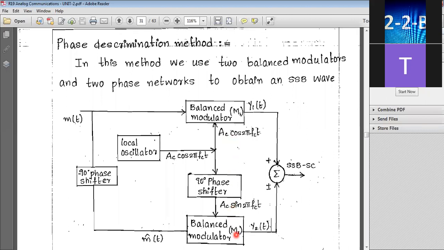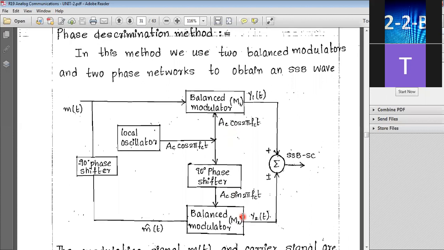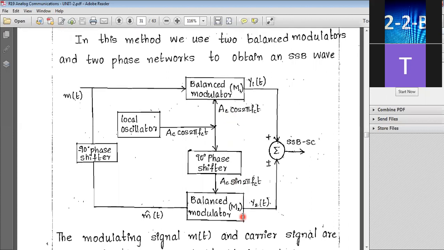But for the second balanced modulator, the signal is applied with a 90 degrees phase shift. Therefore, it becomes Ac sin 2 pi fct. The outputs of the two balanced modulators are connected to a summer. It performs addition and subtraction of the outputs delivered from the balanced modulators.